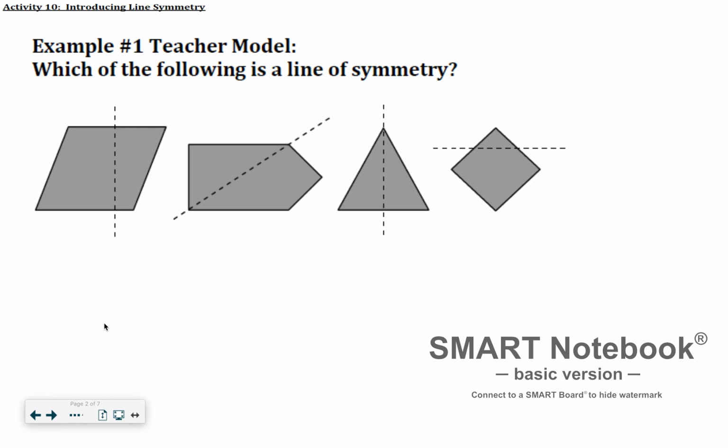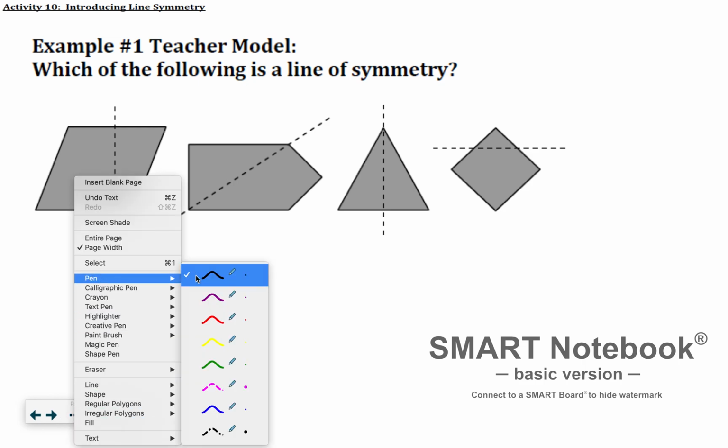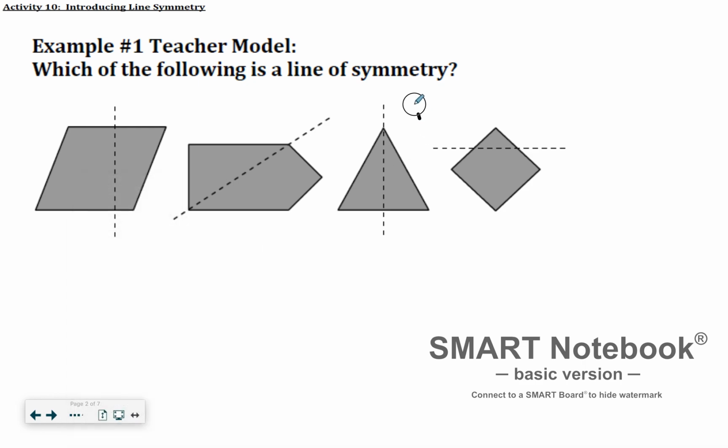There is exactly the same thing on each side of that fold. So the triangle, if we folded this triangle along that dotted line, both sides would meet up with each other perfectly.